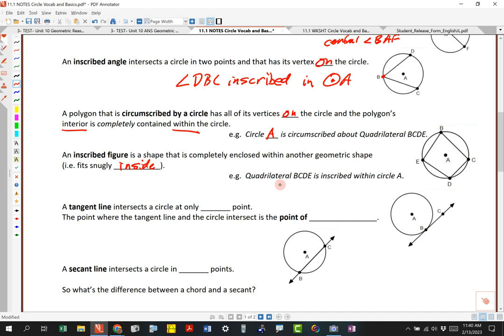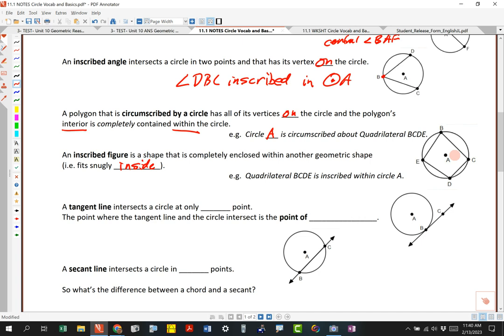So in our example right here, this quadrilateral is inscribed in circle A. So you've got the same diagram, but you've got two ways to say it. The circle is circumscribed about the polygon, so it's on the outside of the polygon. Or you could say it the other way, from the polygon's perspective, the polygon is inscribed inside the circle. Okay, everybody get that? Circumscribed is going to be on the outside, inscribed is going to be on the inside.